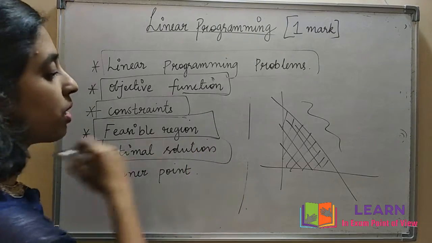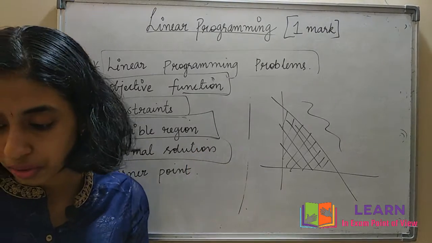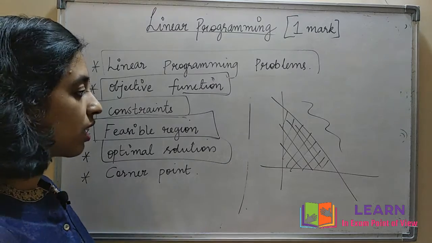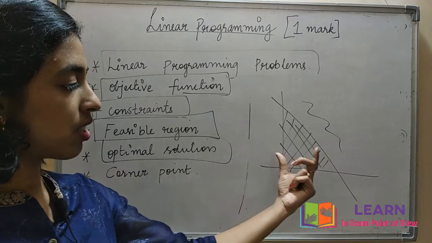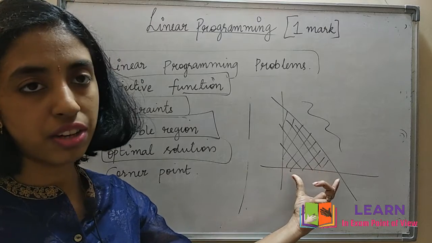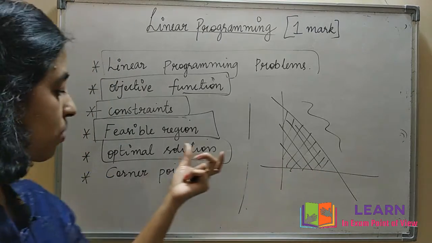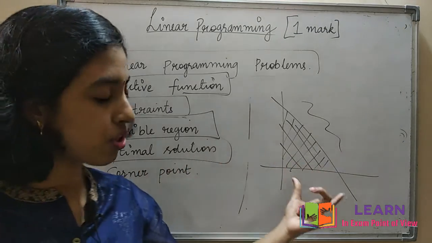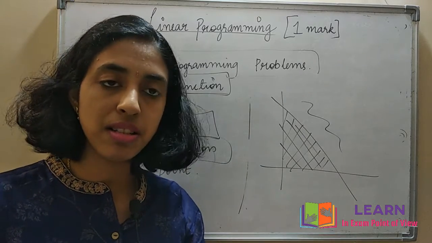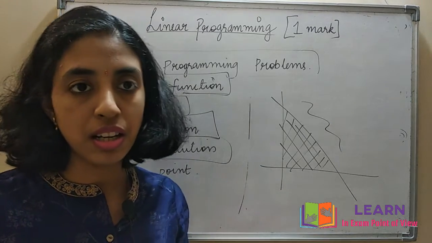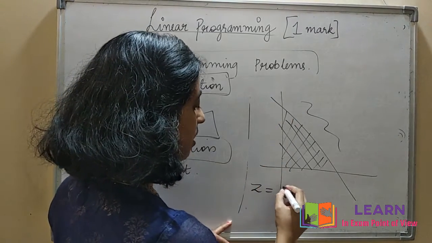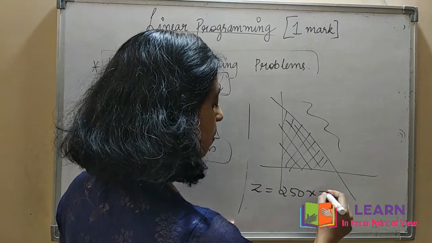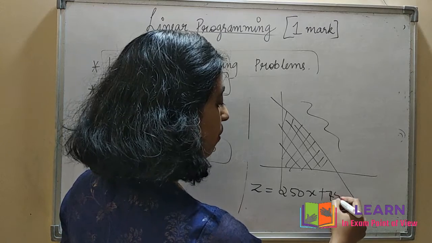Fine. And what is the optimal solution? That is also very important. The correct definition of optimal solution is this: within the feasible region, a solution which either maximizes or minimizes the objective function. In our example, the objective function is 250x plus 75y.